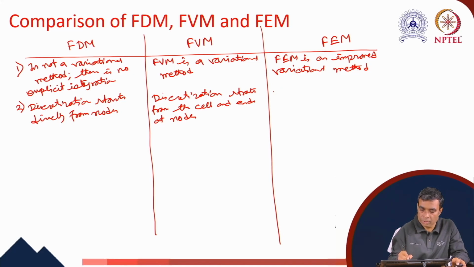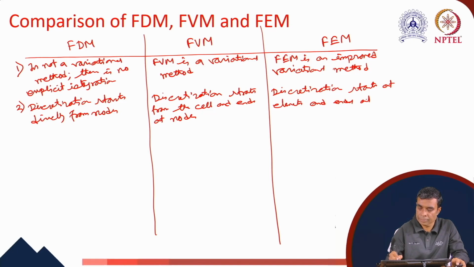In FEM also, discretization starts at elements and ends at nodes.